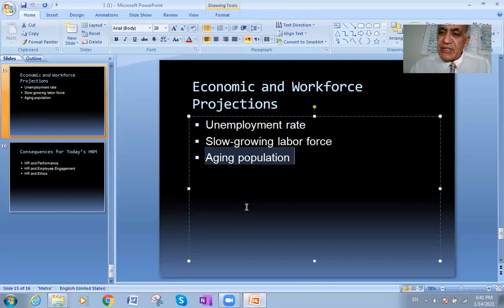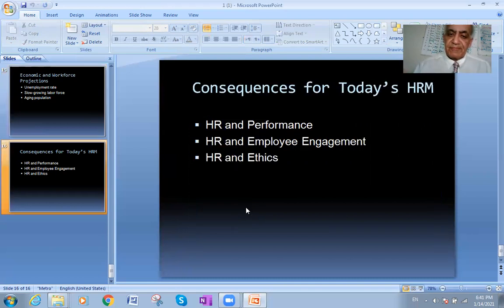So human resources deals with all these problems. It affects the performance of human resource, of course. And employee engagement also is one of the topics, which is how to activate your employees' engagement so they become a part of your organization.